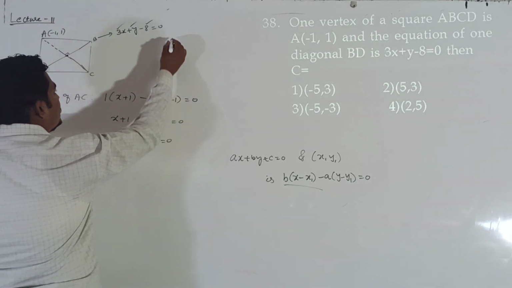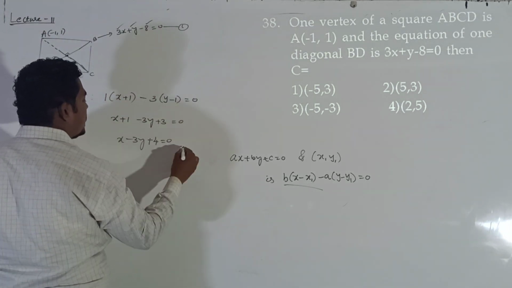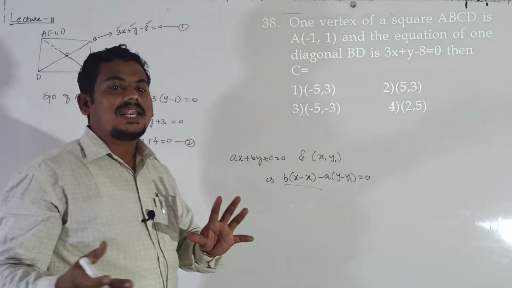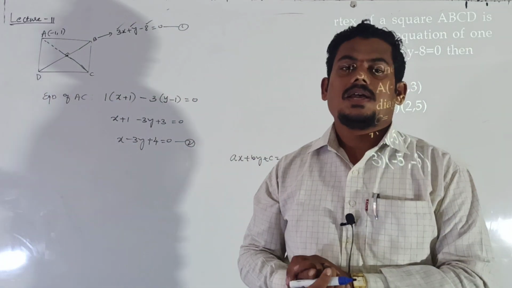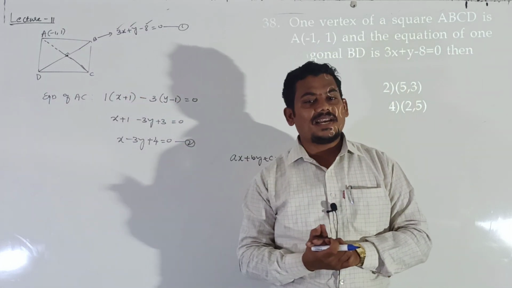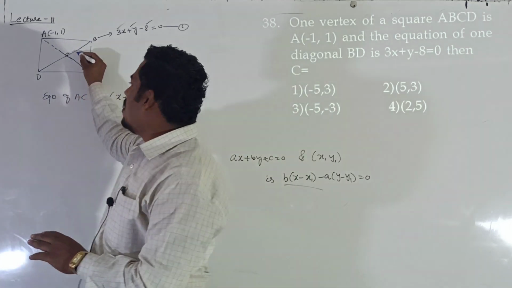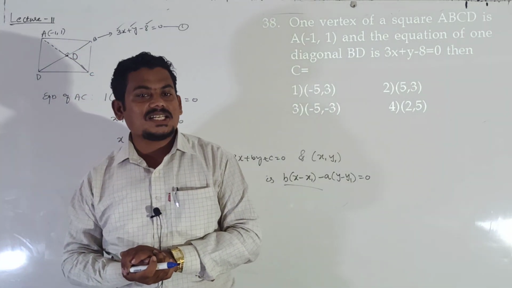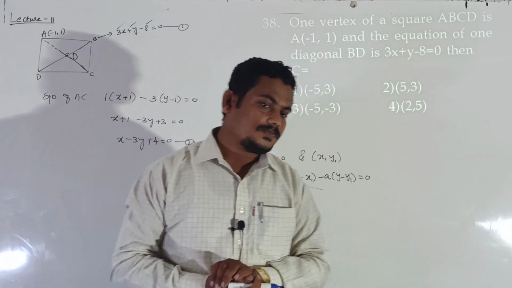Just solve these two equations, equation number 1 and equation number 2. Clearly both the diagonals intersect each other. Just find the point of intersection of the AC diagonal and BD diagonal. Then you get point O, right? O is the point of intersection of both the diagonals.